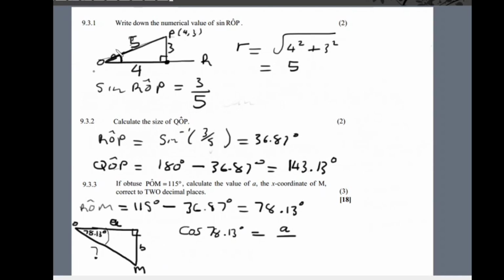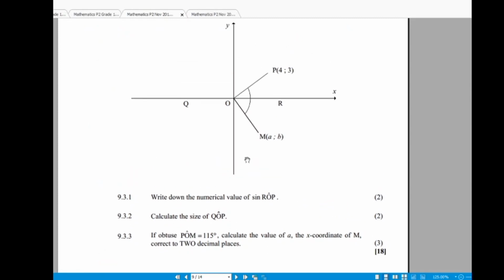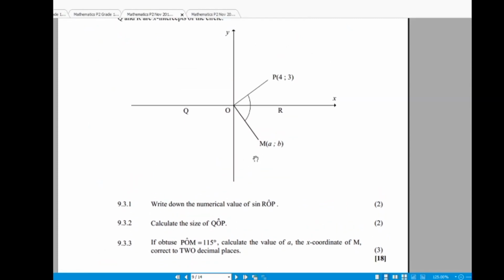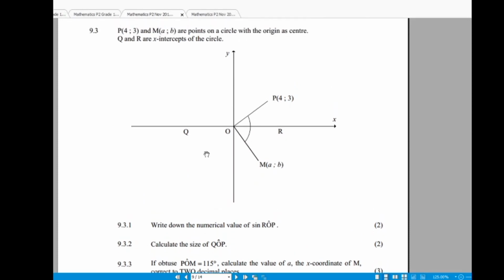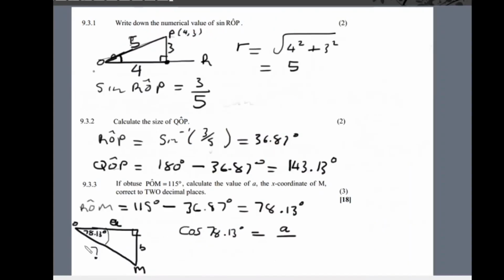From question 9.3.1, we've calculated the hypotenuse to be 5. Remember that OP and OM represent the radius of the circle, and the radii are equal. So OM and OP are equal, right? So OM will be 5 units because it is the radius of the circle.